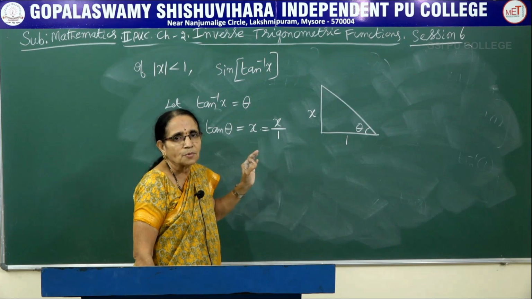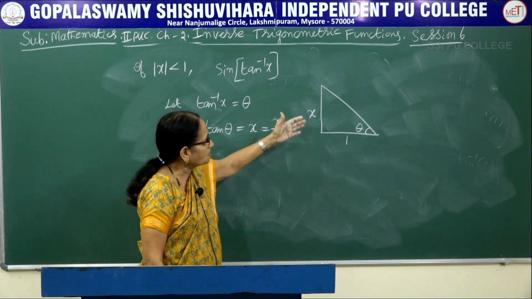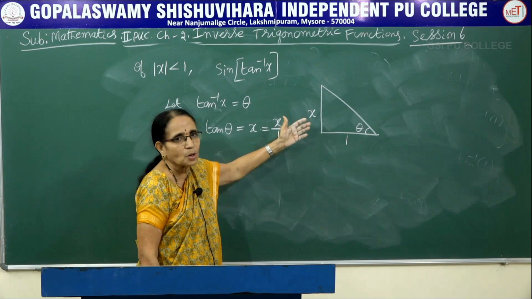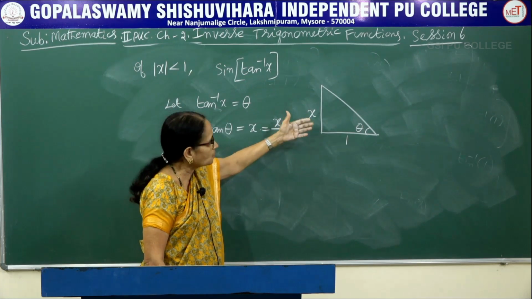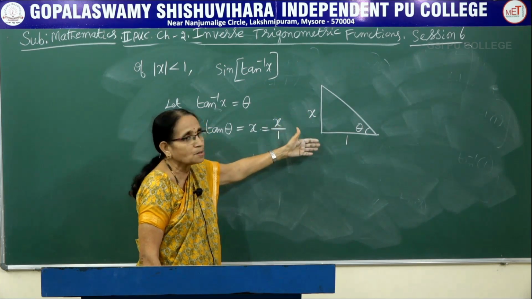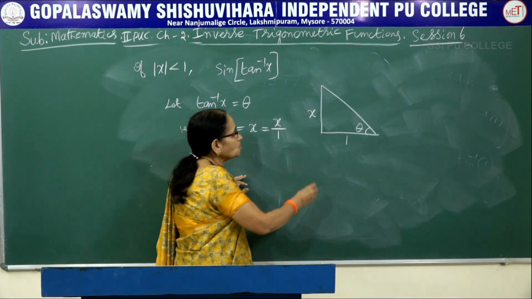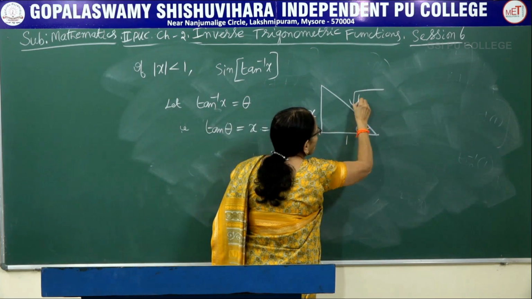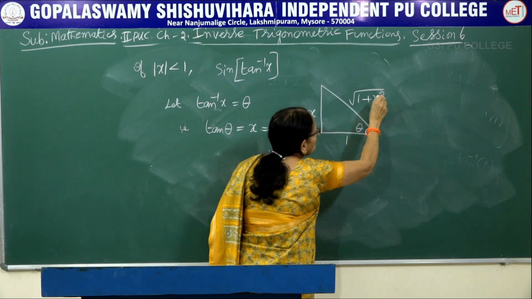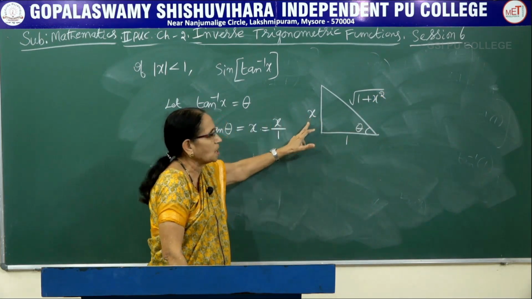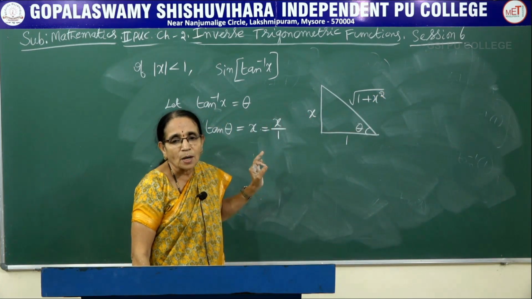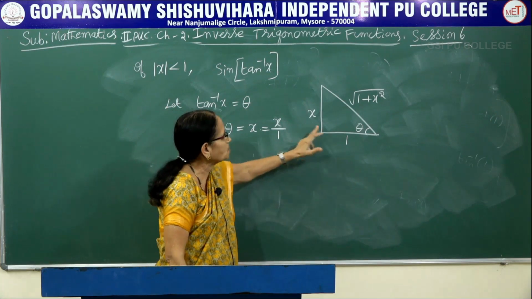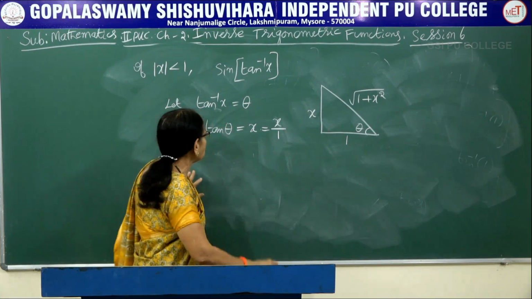The square of the hypotenuse is equal to the sum of the squares of the other two sides. So I can write this as square root of 1 square plus x square, or square root of 1 plus x square. So x, 1 and root of 1 plus x square.